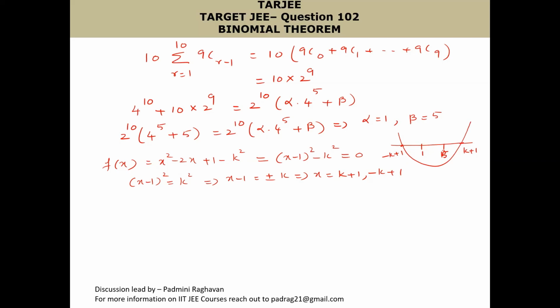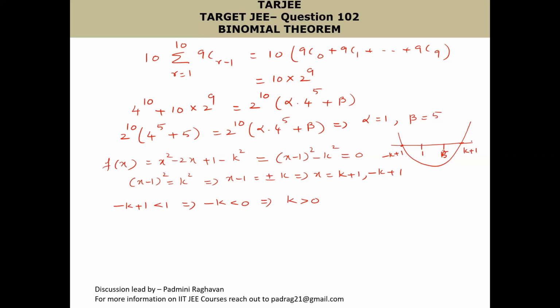Understood? If the smaller of the two roots is less than 1, then the graph will cut the x-axis at a point which is less than 1. This is how the diagram is going to be. So we understand minus k plus 1 should be less than 1. That means minus k is less than 0. Multiply by a negative sign, you get k greater than 0. If k is greater than 0, one root is less than 1.